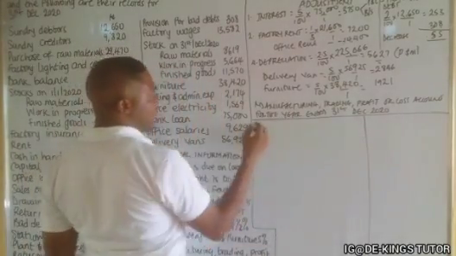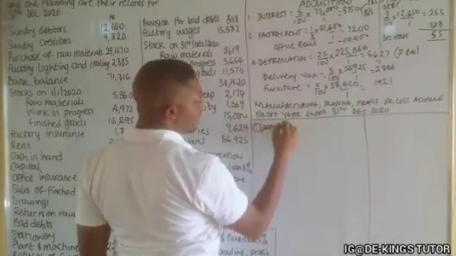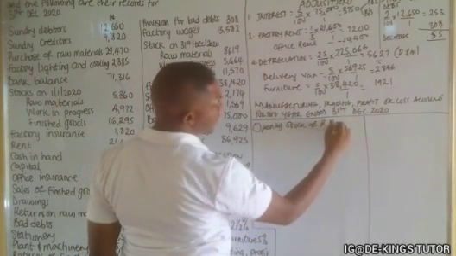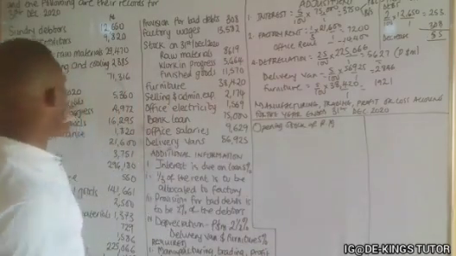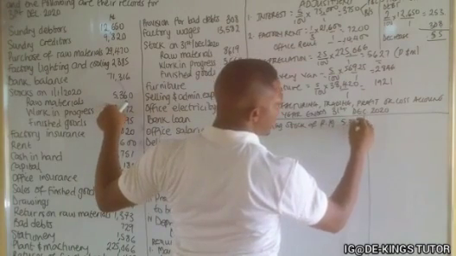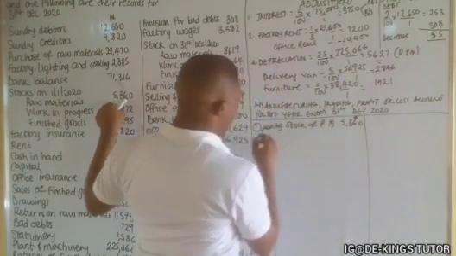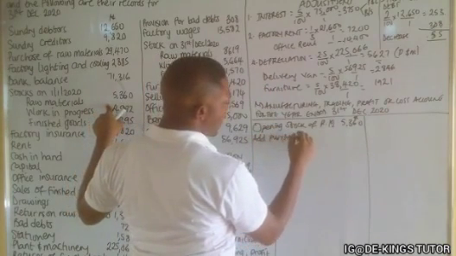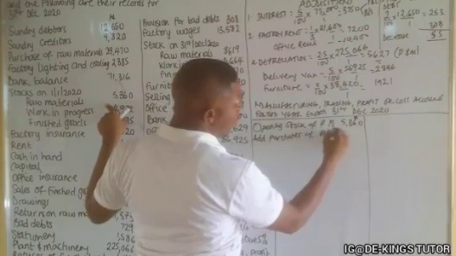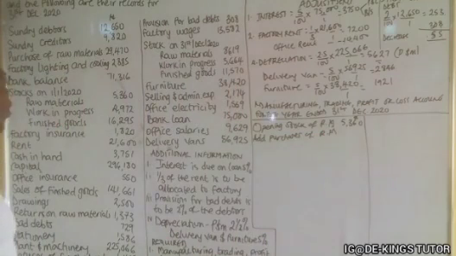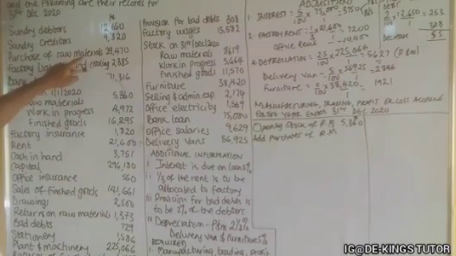Okay, so the first item we'll have is our opening stock of raw materials. So I'm going to check here. Look at the opening stock of raw materials, 5,360. Okay, and the next one we said add purchases of raw materials.